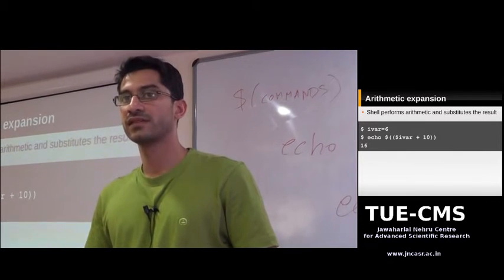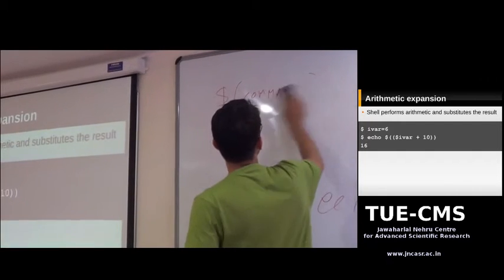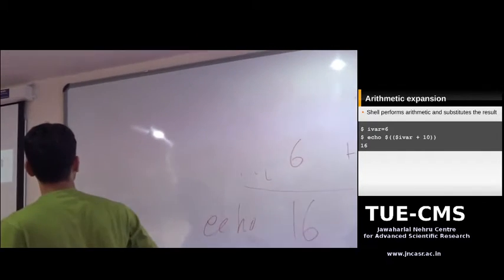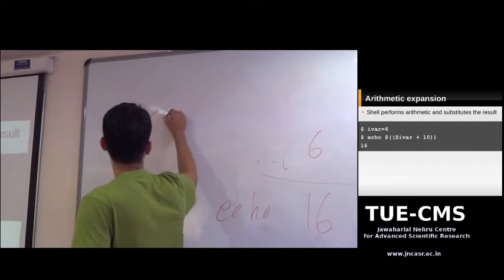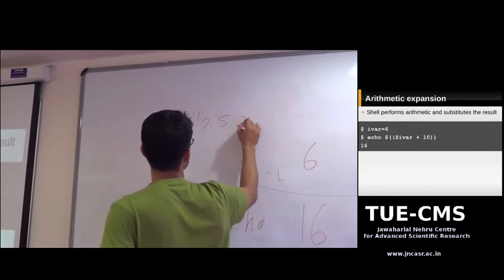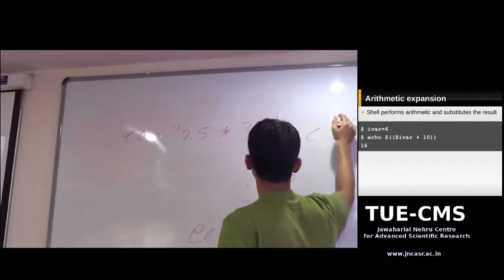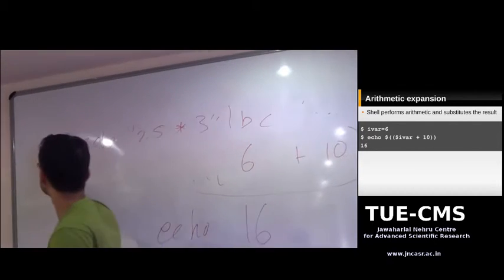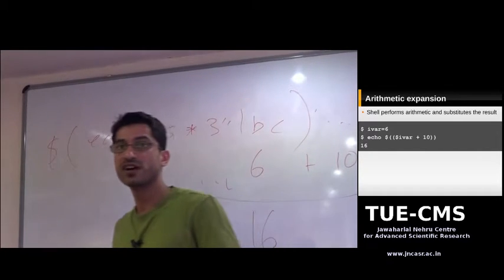We will be using command substitution. For example, you'll type something like echo 2.5 times 3, and you'll pipe it through BC. Now you put this inside a command substitution, right?